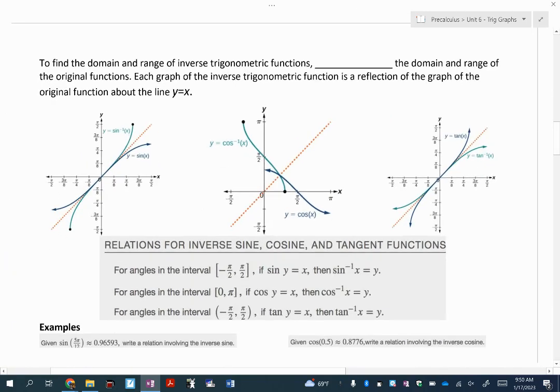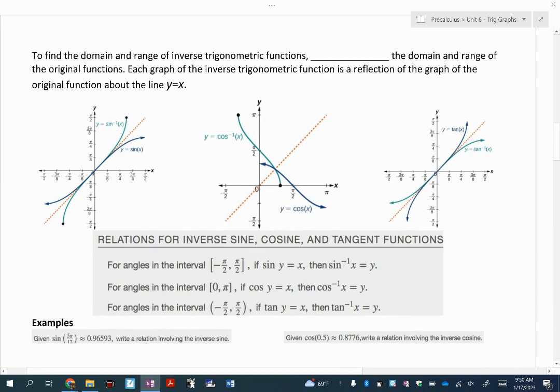When we look at this next page, we are going to switch the domain and range of the original functions. It's a little easier on mine because I have the different colors, but you can see we limited the sine of x on the previous slide, and then that arc sine function, the inverse, is a reflection about the line y equals x.